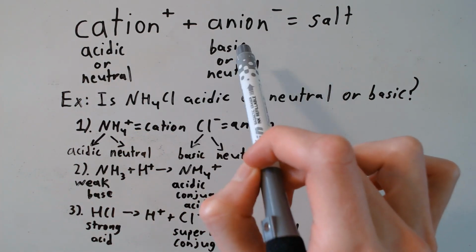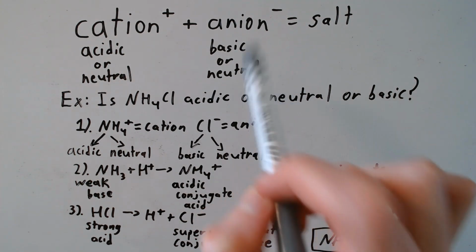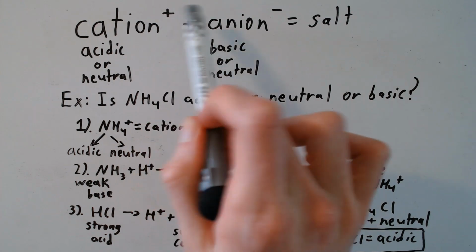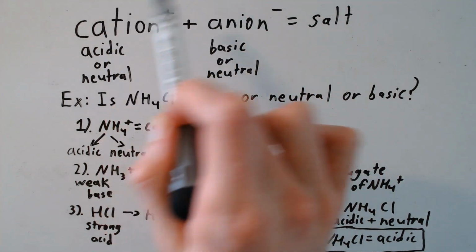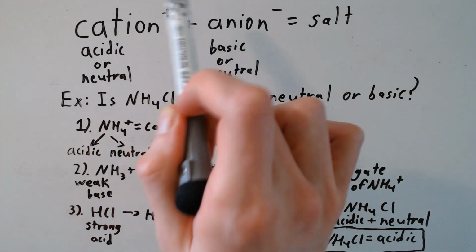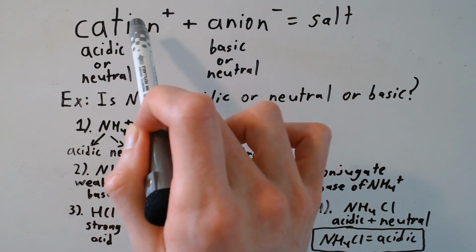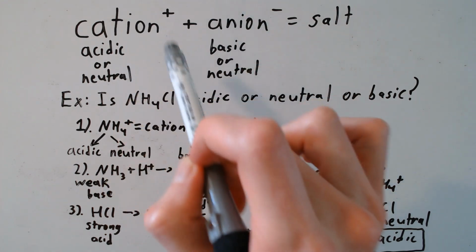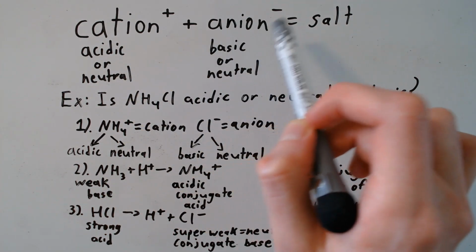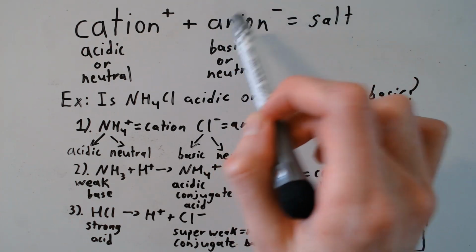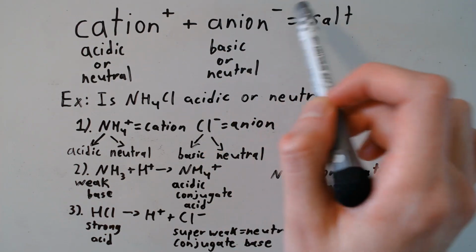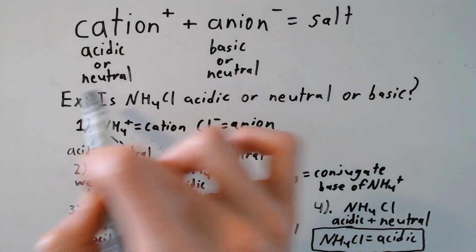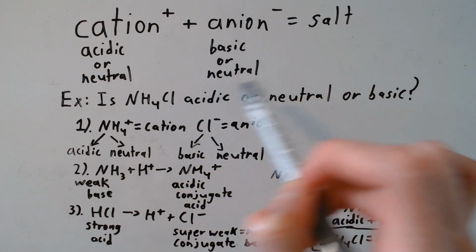And the anion can only be basic or neutral. It cannot be acidic. But why is that? Because the cation is positive, it cannot really take any new H+, since positives repel positives. Instead, it has an easier time giving away H+. On the other hand, the anion is good at taking in H+, and therefore could be a base, because its negative charge and the H+ positive charge attract each other. So cations are either acidic or neutral, and anions are either basic or neutral.